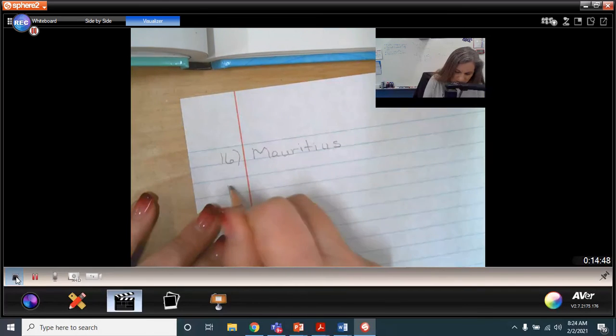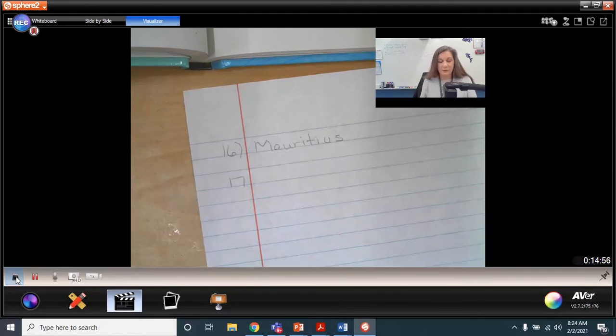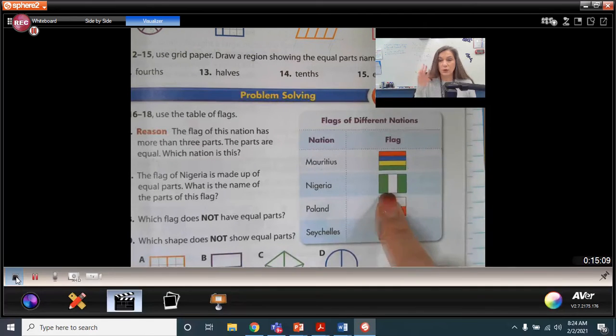Now, number 17 says the flag of Nigeria is made up of equal parts. What is the name of the parts of the flag? So what fraction would we place in each one of these parts? Well, the flag is broken up into 3 equal parts. 2 of them are green and 1 of them is white, but there's still 3 parts to the flag.